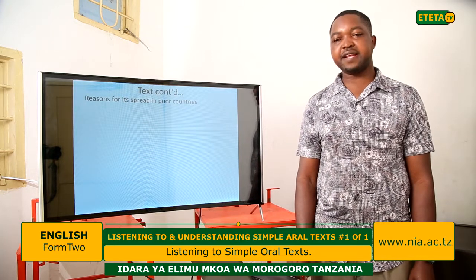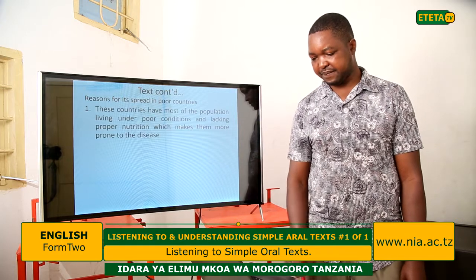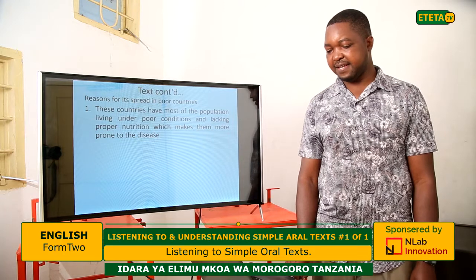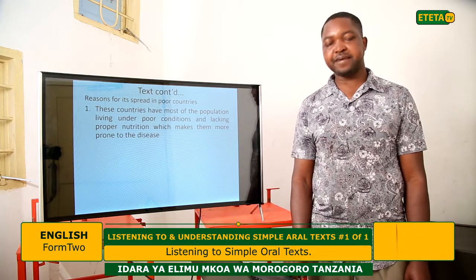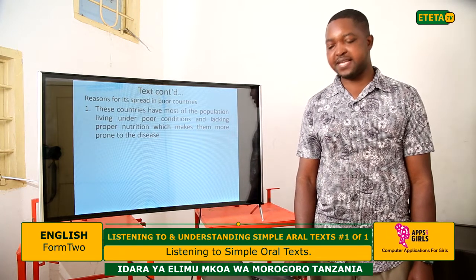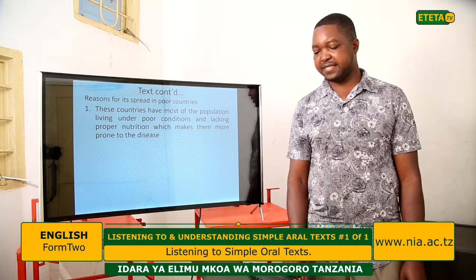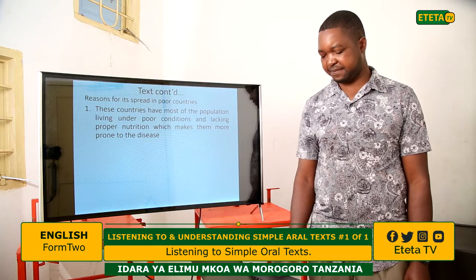Reasons for its spread in poor countries. The first reason for the spread of HIV/AIDS is these countries have most of the population living under poor conditions and lacking proper nutrition, which makes them more prone to the disease.